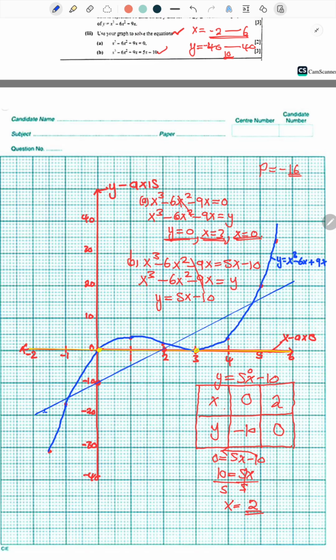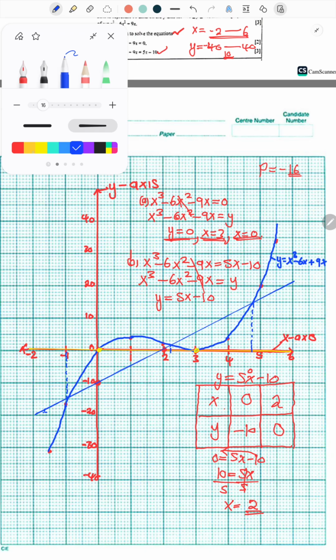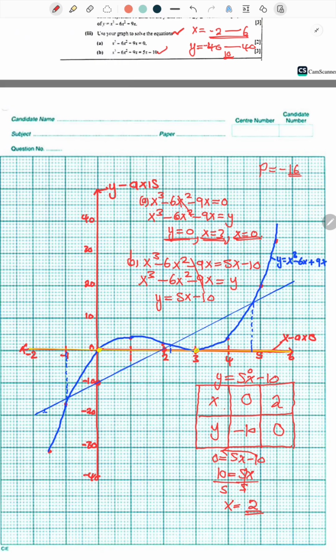So notice where it is cutting. It is cutting at this point. It is also cutting at this point. It is also cutting at this point. So we are going to collect those x values. Then we are going to conclude. So if y is equal to 5x minus 10, then x is going to equal, the first point is this one.